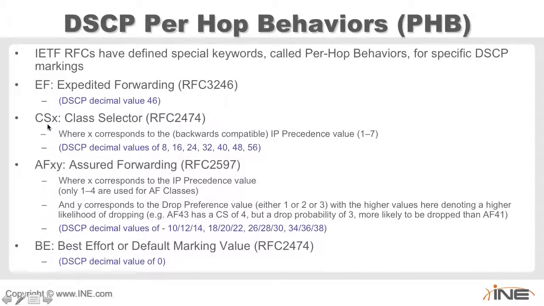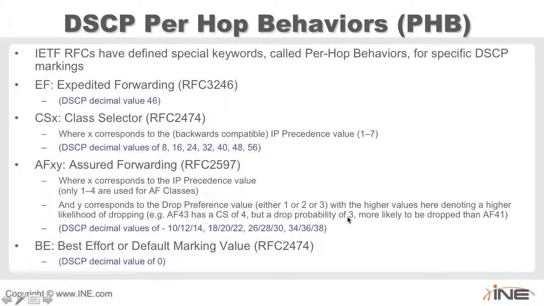And then Y corresponds to something called a drop preference value. And this drop preference value is either 1, 2, or 3, with higher values denoting a higher likelihood of dropping. So AF43 has a class selector of 4, AF4, but it has a drop probability of 3.